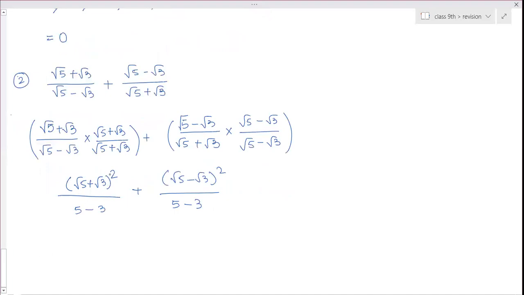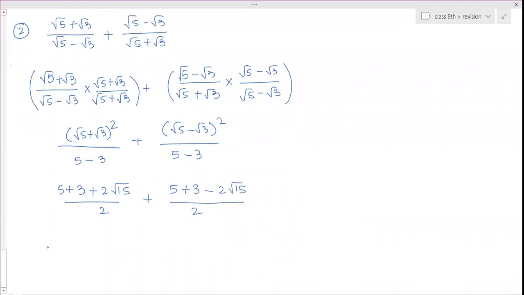Root 5 plus root 3 whole square is a square plus b square plus 2 root ab, by 2, plus a square plus b square minus 2 root ab, divided by 2. Denominator same, we can add. 8 plus 2 root 15 plus 8 minus 2 root 15 by 2. Answer is 16 by 2, that is 8.